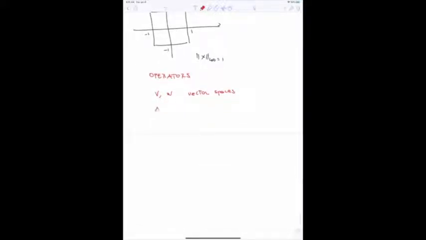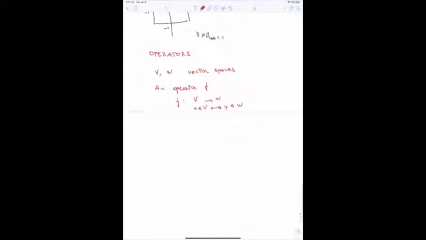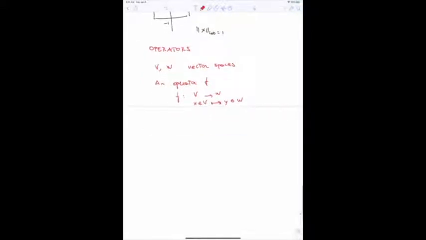Then an operator F is essentially a relationship between V and W that associates to an element X in V an element Y in W. A function in the set of real numbers is a special case of an operator.